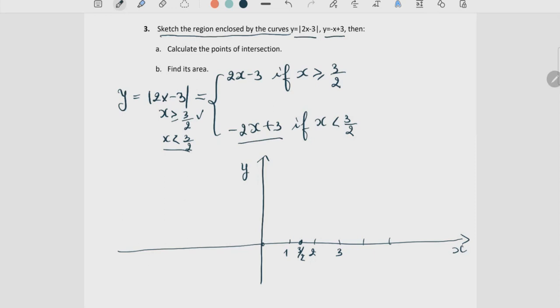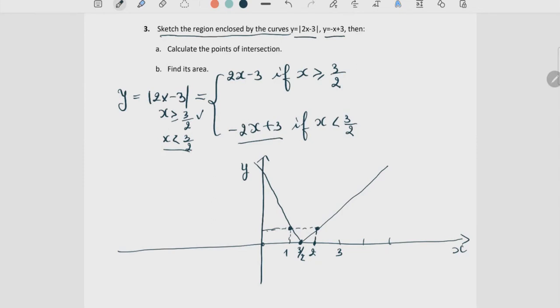If you take a value less than 3/2, for example 1, when x is equal to 1, the function is equal to 1. So the function on the left side looks something like that. And on the right hand side, for a value greater than 3/2, let's say x equal to 2, the function is also equal to 1. So on the right hand side, we also have something like that.